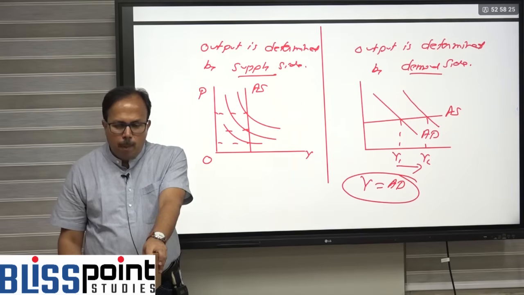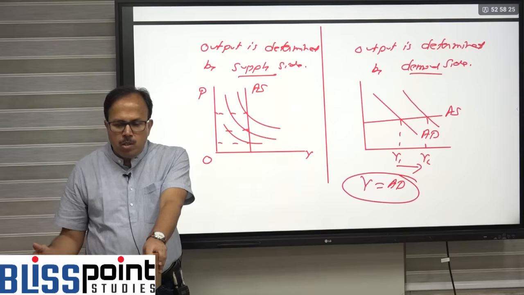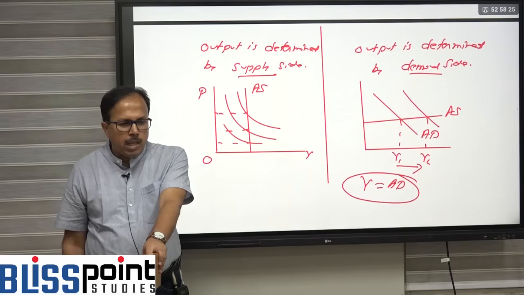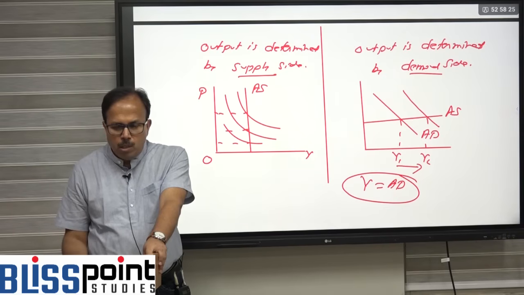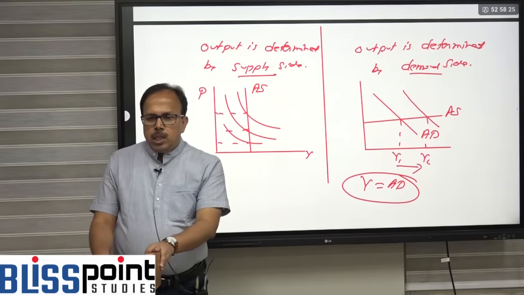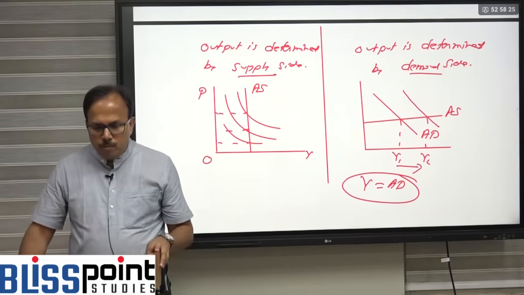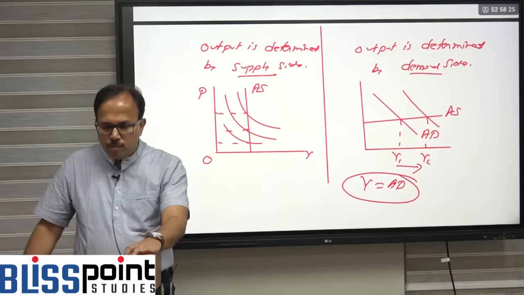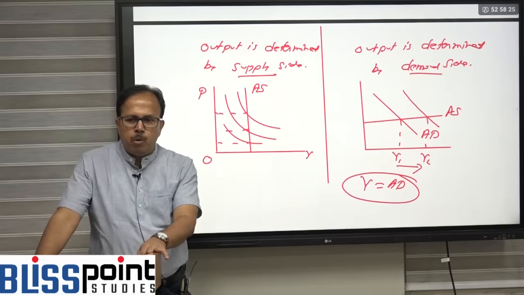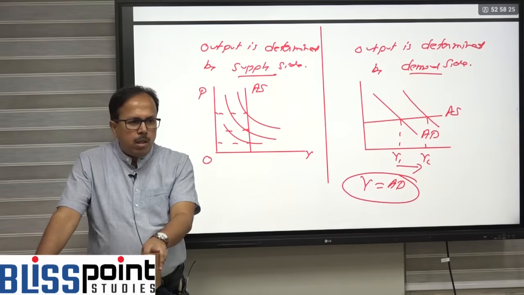After comma, it means that in response of more demand for output, there will be more production and more output.